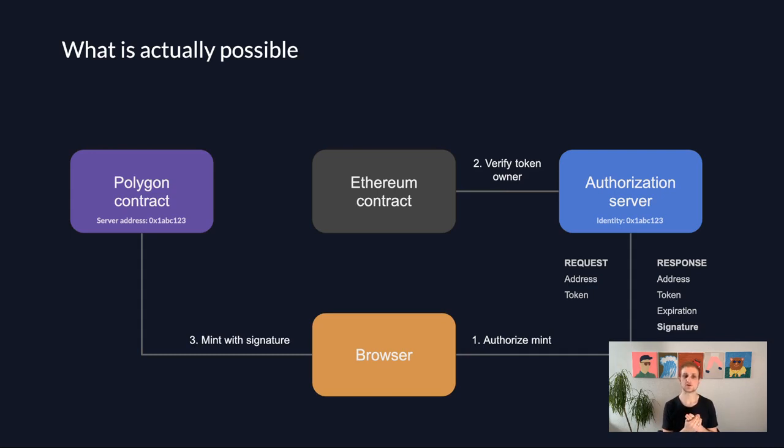For this to work, the authorization server needs to have an identity of its own, which is basically a wallet address with an underlying private key. It can then use the private key to create the signature, and the Polygon contract can see if the entity that created the signature came from the known server address. And if it did, we know that the user holds a Genesis token on Ethereum.